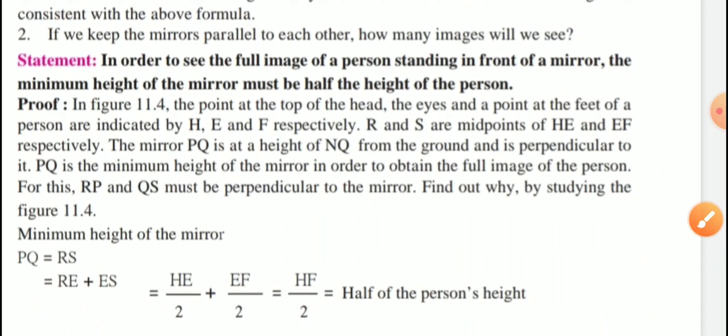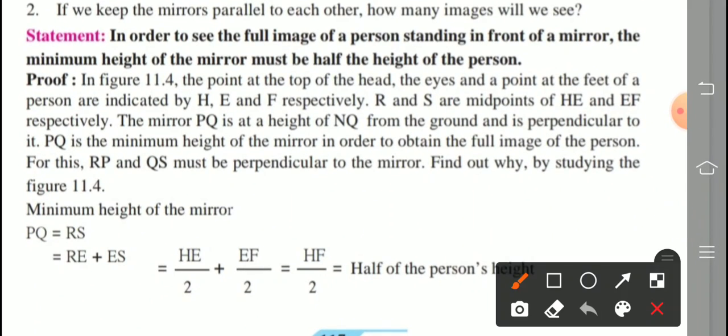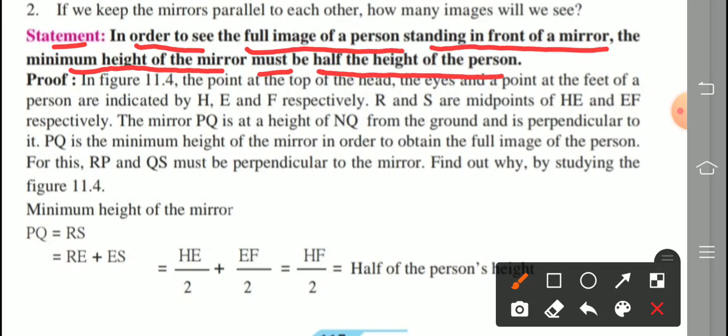One important statement is given to us. Remember, in order to see the full image of a person standing in front of a mirror, the minimum height of the mirror must be half the height of the person.